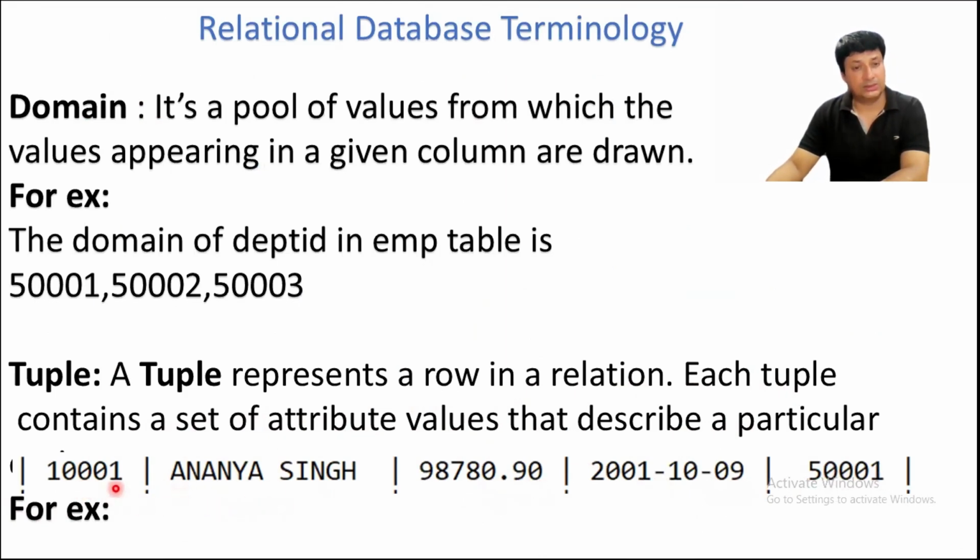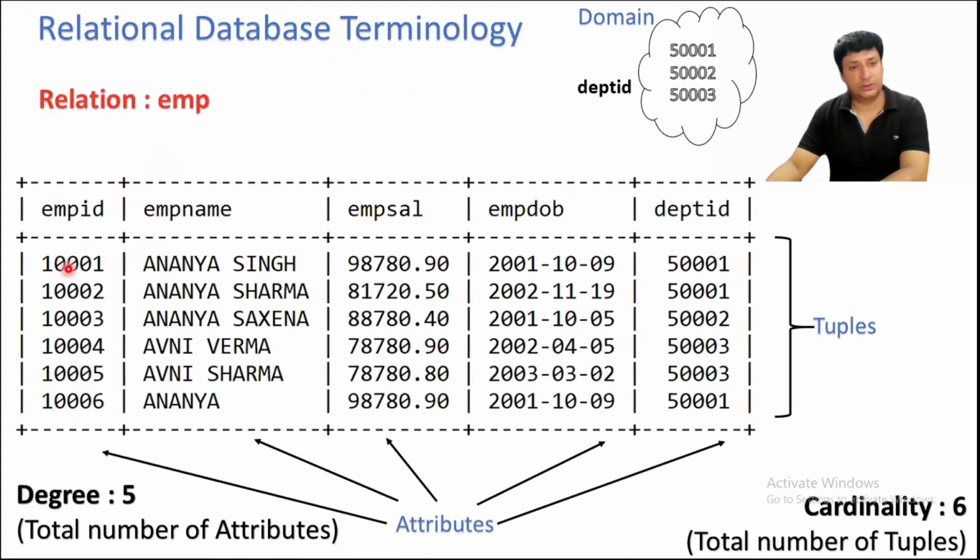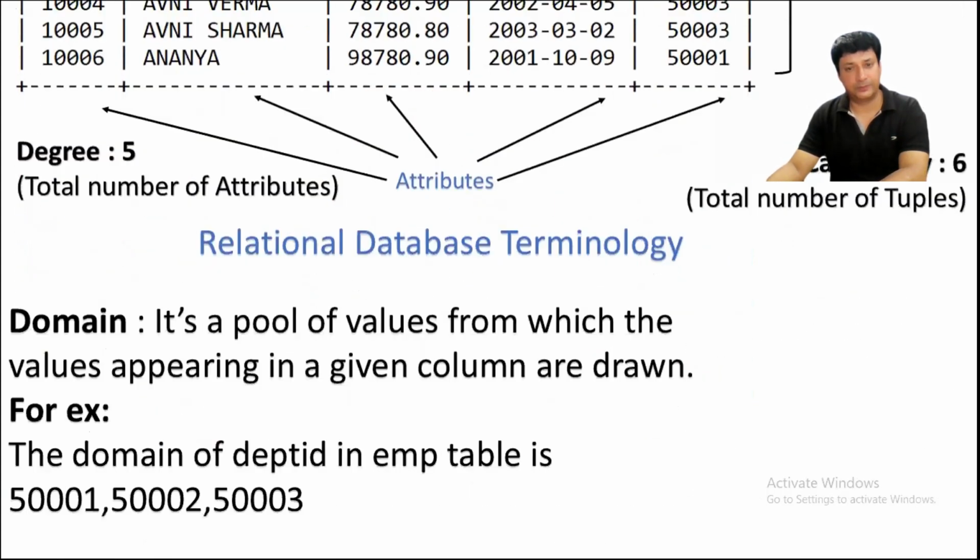These are generally raw facts and figures, and when you club them, that becomes records or information. In terms of relational database, this is known as a tuple. In this EMP table, we have these many tuples: 1, 2, 3, 4, 5, 6. These are the tuples within the EMP table, and these are the attributes in EMP table.